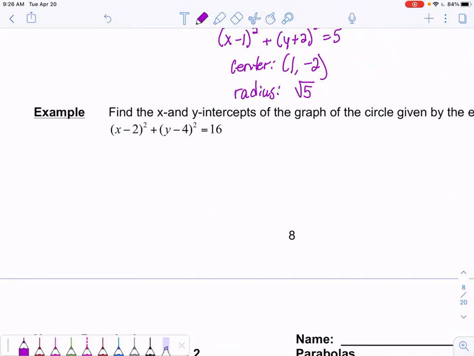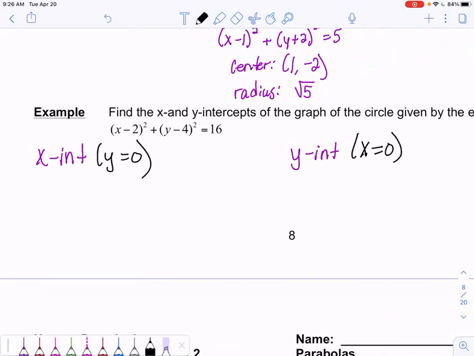How do you find an x-intercept? Or how do you find a y-intercept? Yeah, so if you're finding the x-intercept, Hannah, you set y equal to 0. And if we're finding the y-intercept, you set x equal to 0. You want it to be in standard form first, though, because I can solve this using the square root process that we did for completing the square and solving for x.